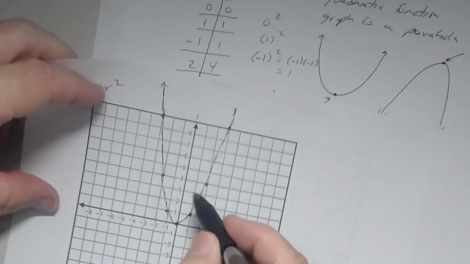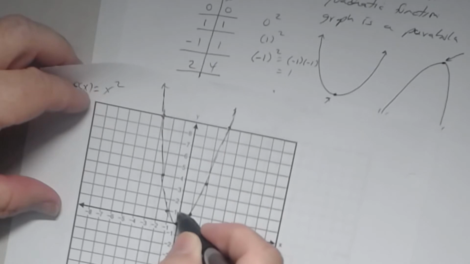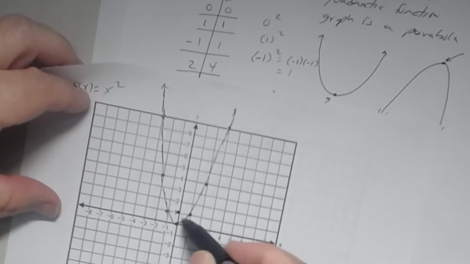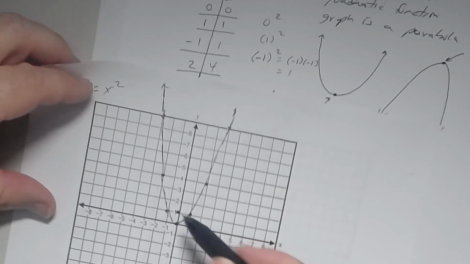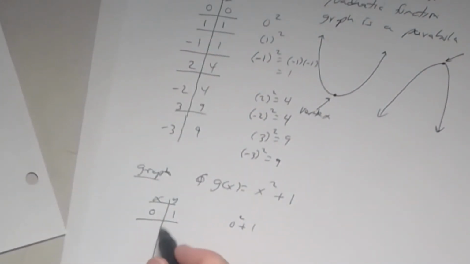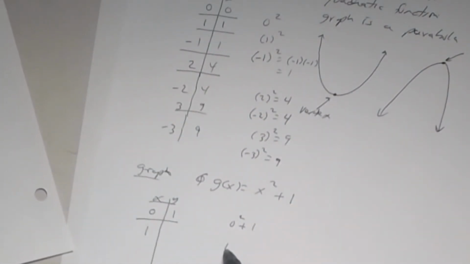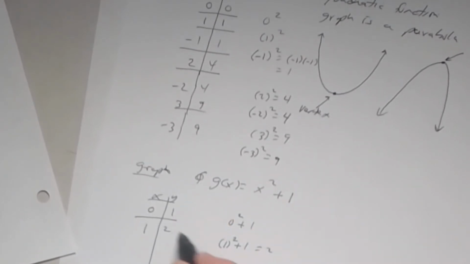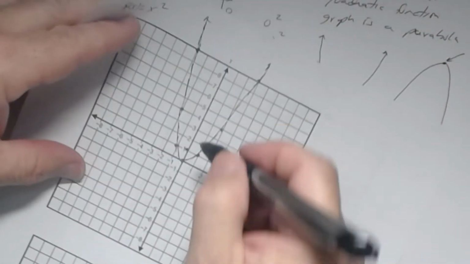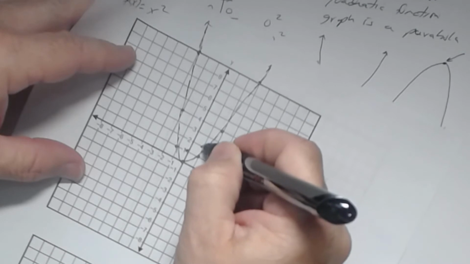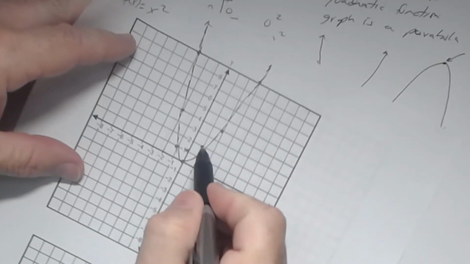If x is 1, I get 1 squared plus 1, which is 2. So then I get the point 1, 2. I get this point right here.